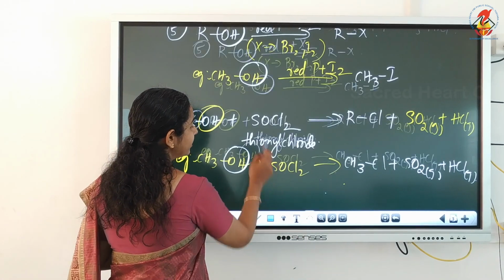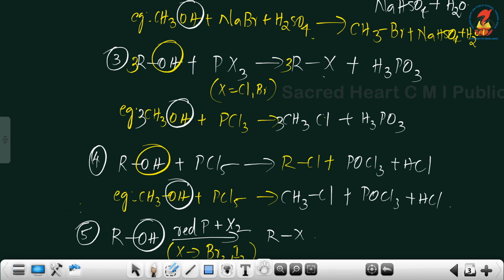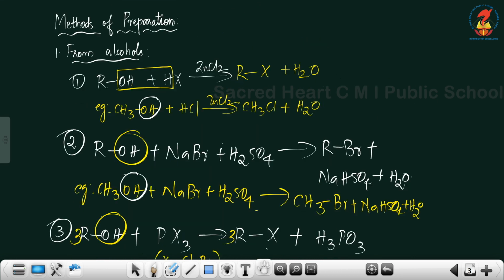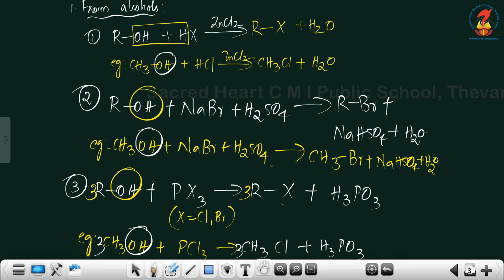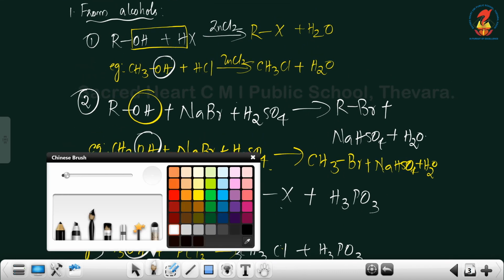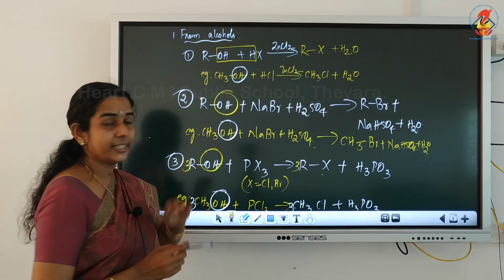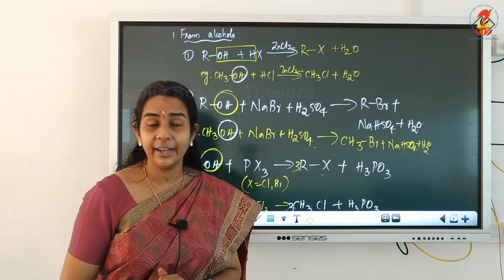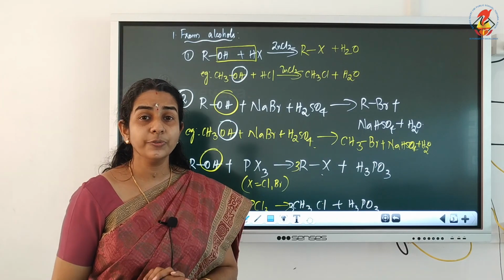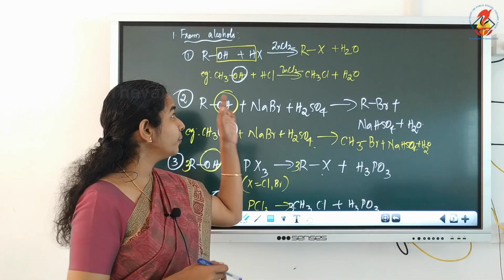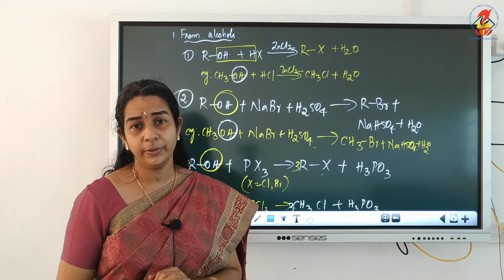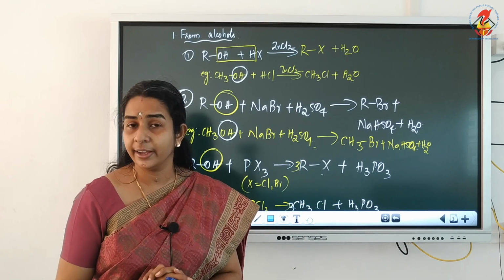Now look at the first reaction we studied, that is alcohols on reaction with HX, hydrogen halides, in presence of anhydrous zinc chloride catalyst, we get RX and water. Water is the byproduct, we get the corresponding halide.